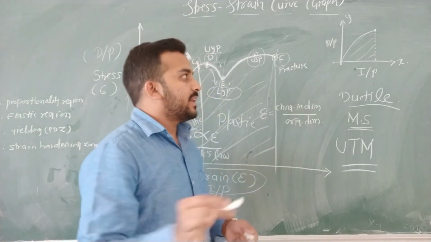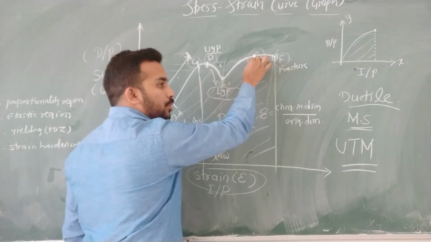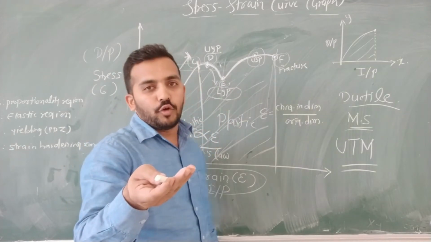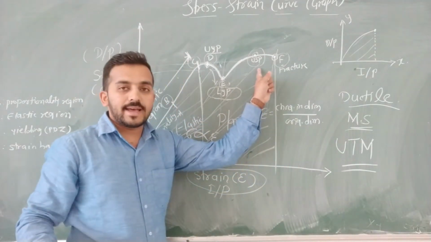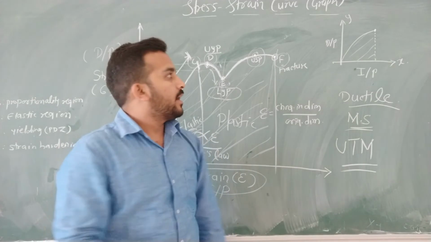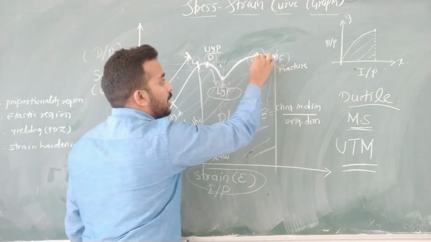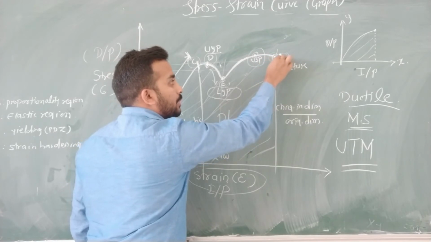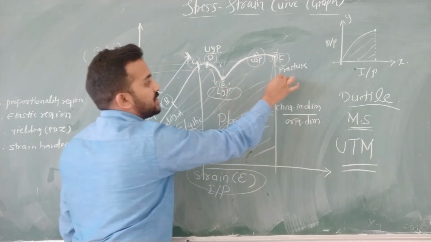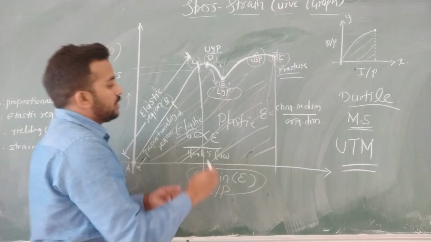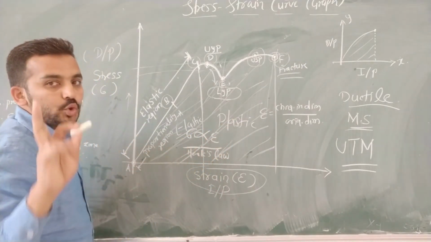The strength beyond which the component may fail for any amount of load is called the ultimate strength. Hence it is the ultimate strength point. If you continue loading beyond this point, the component may fail at point F, which is the fracture point. Now this entire curve I have split into two parts.